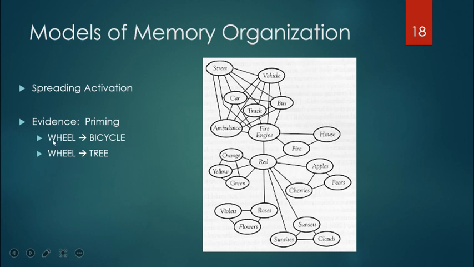So the spreading activation from the word wheel is going to reach the word bicycle much more powerfully, in a much quicker way than the activation from the word wheel is going to hit the word tree in your lexicon. So that's the idea of spreading activation. As you think about words or you're exposed to words throughout your day, activation is spreading across the lexical network.